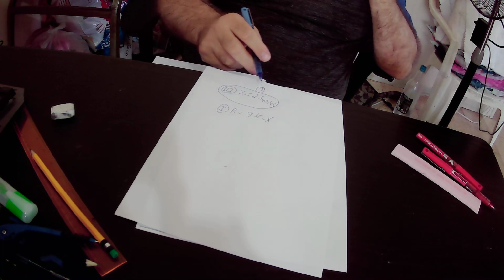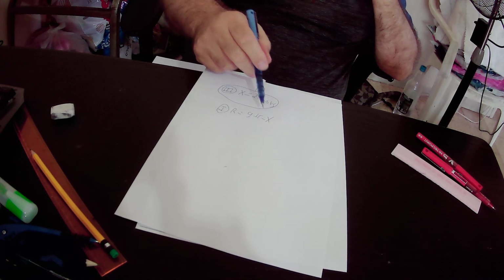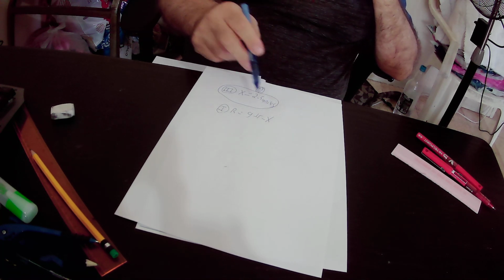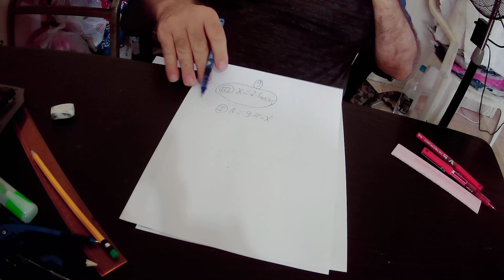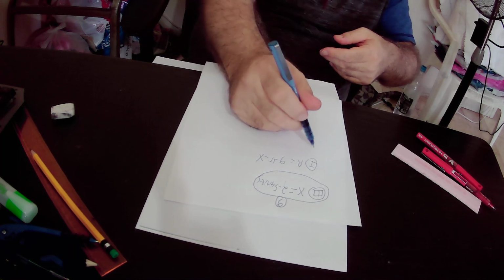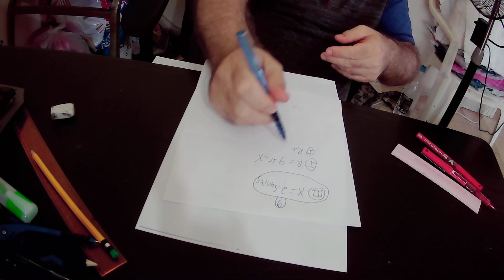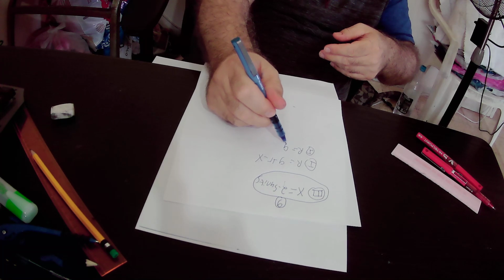We know that x equals 2.5 units, so we can substitute x by 2.5 units in equation number 3, and we will get that capital R equals 9 minus x.